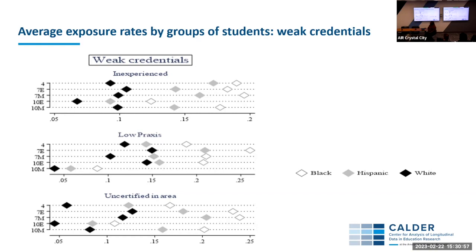Black students are way over on the right in these graphs, and the Hispanics are in the middle. So descriptively, it's pretty clear statewide that white students have access to stronger teachers or less exposure to the weaker teachers. Now, there are a few other things we could say about this.